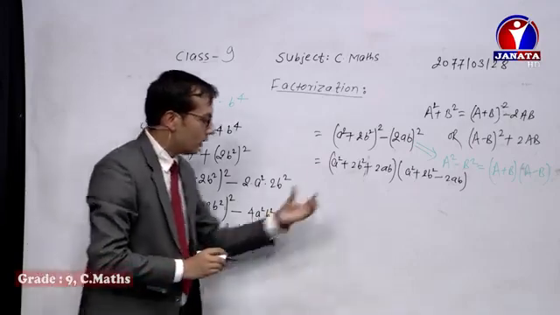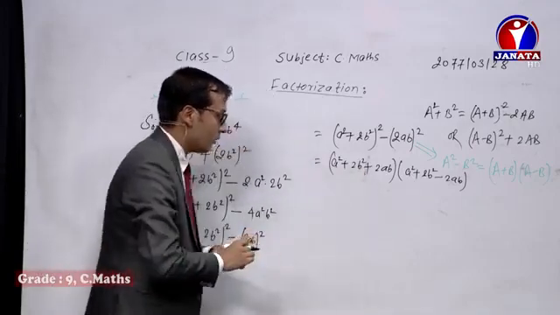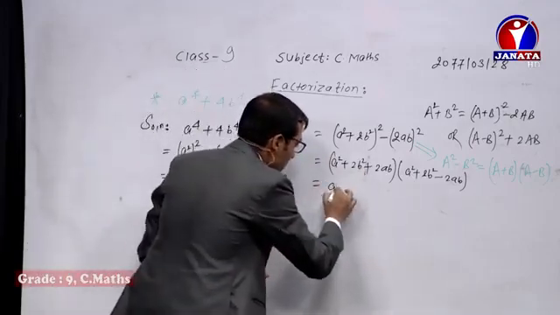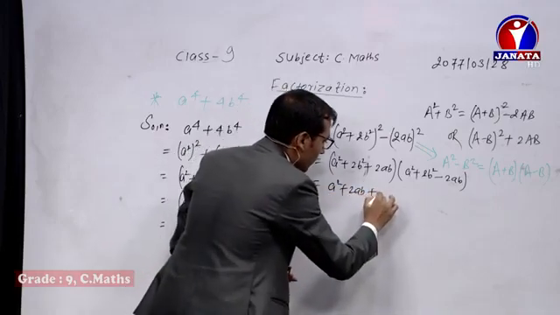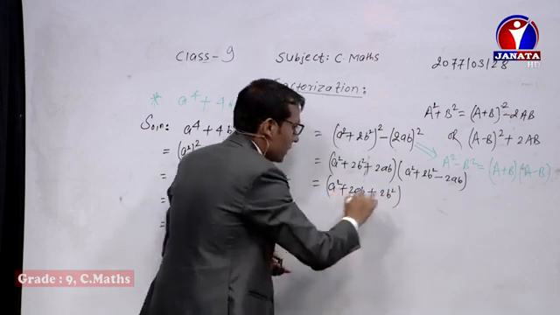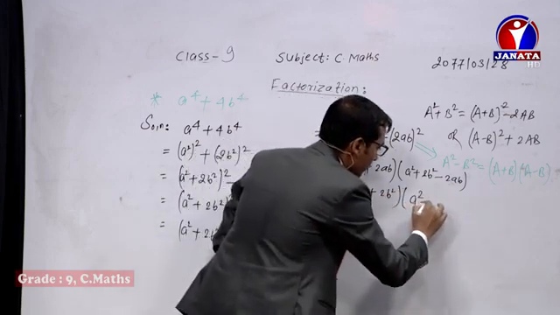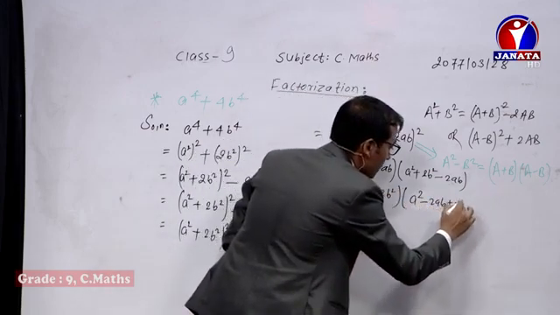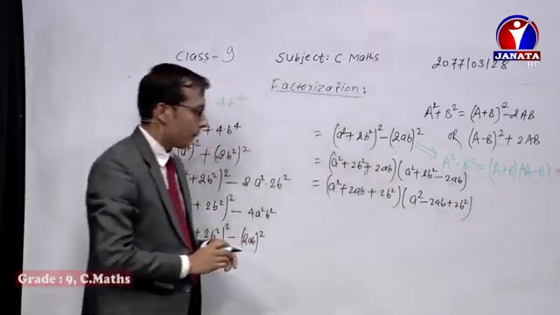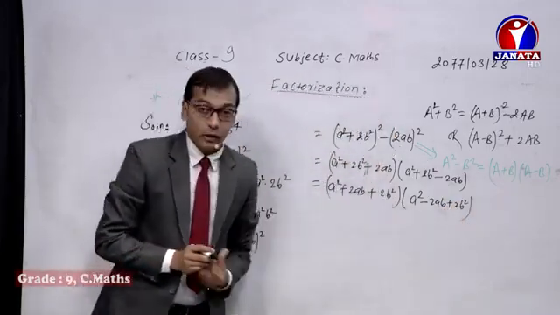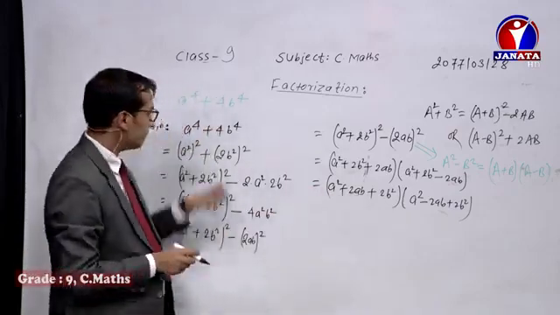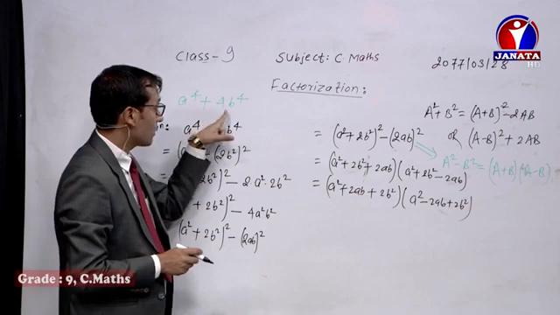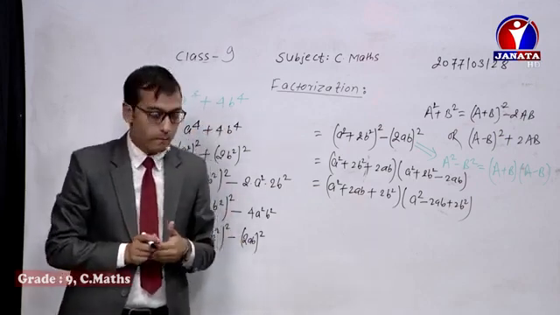We can rearrange the terms: (a square plus twice of ab plus 2b square) times (a square minus 2ab plus 2b square). So these are the two factors of a to the power 4 plus 4b to the power 4.